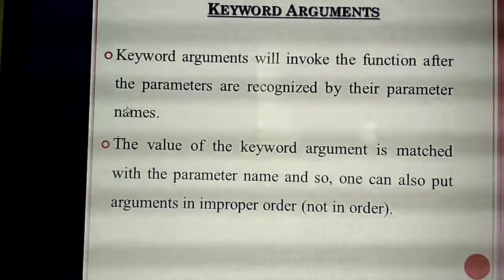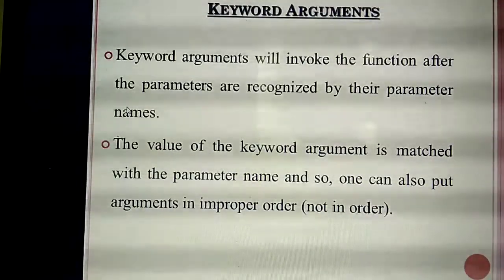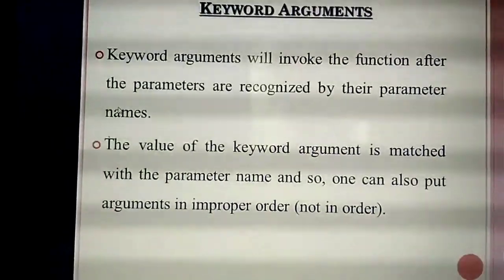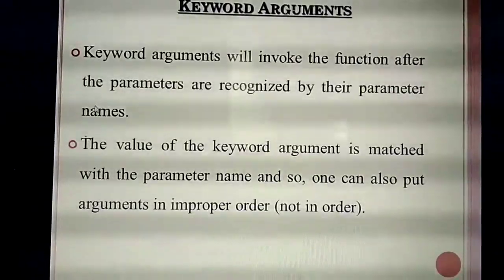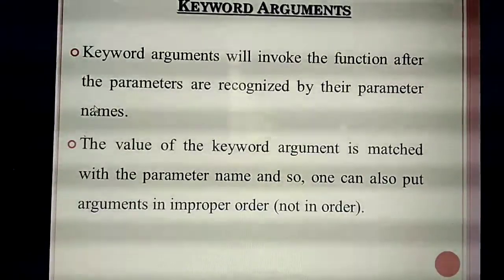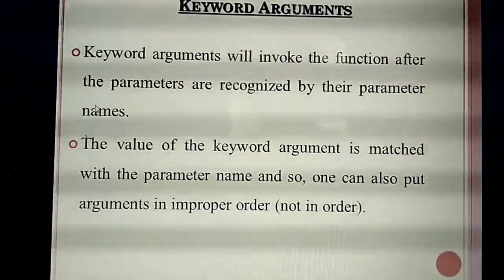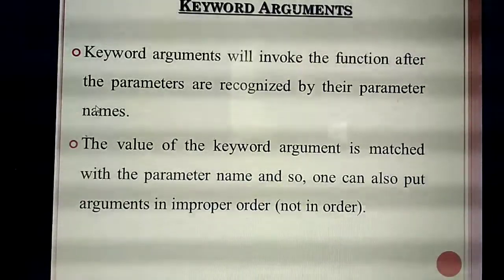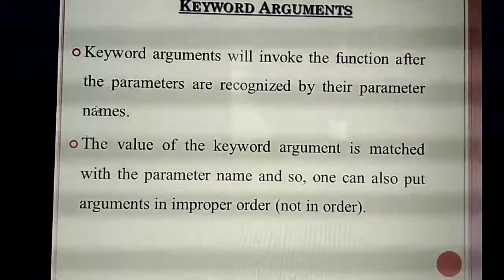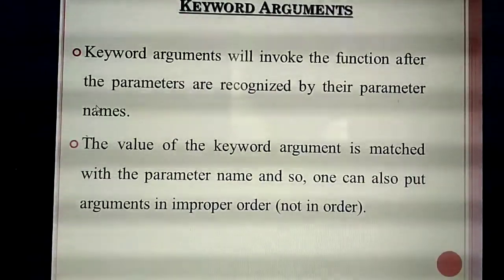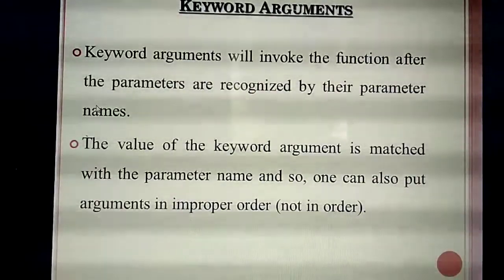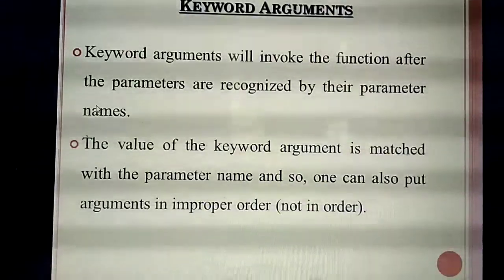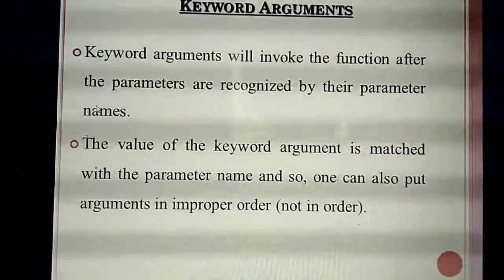What's the example? For example, in a program you are giving student of. Inside the student of you are passing two parameters. What are they? Student of name comma age. Understand? So how many parameters or arguments are there? The function name is student. Inside it I am giving name comma age.